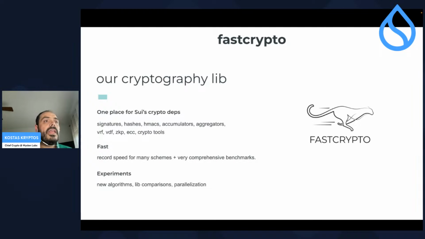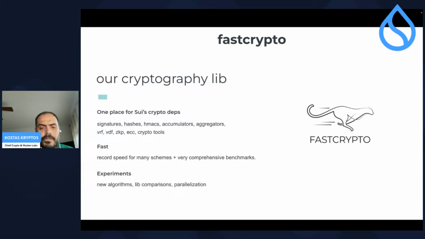Even if you're not working on Sui, you're working on something else, like Solana, Ethereum, Bitcoin, and you want to use some cool algorithms, go and search for Fast Crypto, because many of the primitives there are not only for Sui. Imagine that we're experimenting with so many algorithms every day, where you can find VRFs, VTFs, zero knowledge proofs, various accumulators, a lot of comparisons about signatures, hashes, everything.